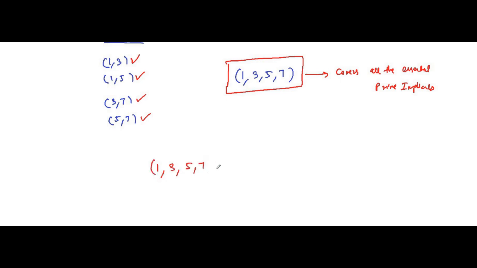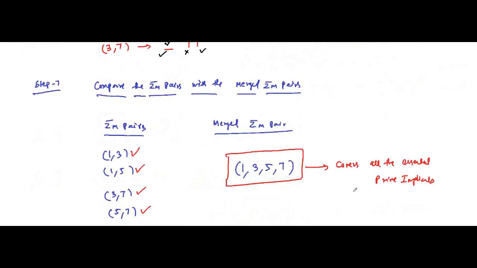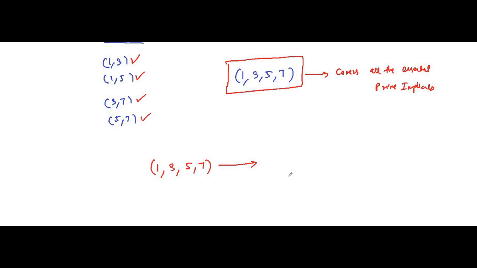Merged Minterm pair, it has the expression dash dash 1. Okay, blank space 1. The bit positions are A, B, C. So here the final expression will be this. The bit which is there, not the blank spaces, this one.